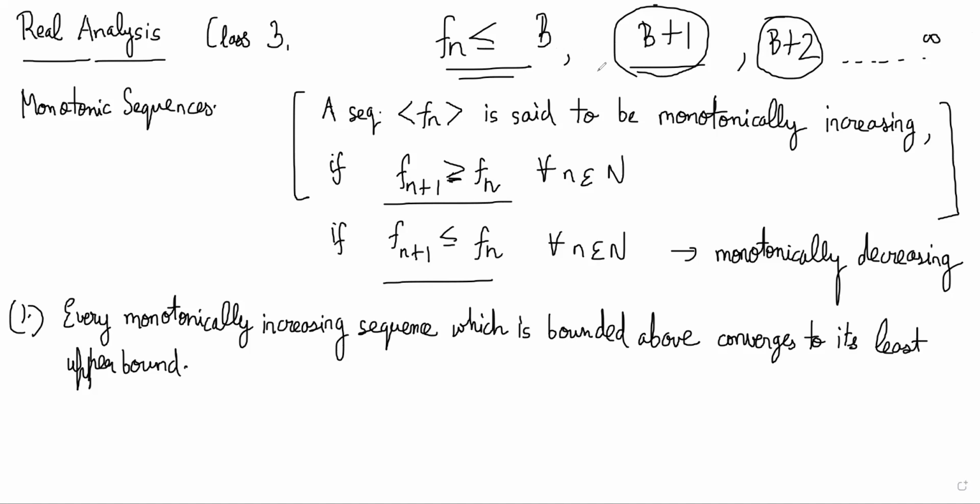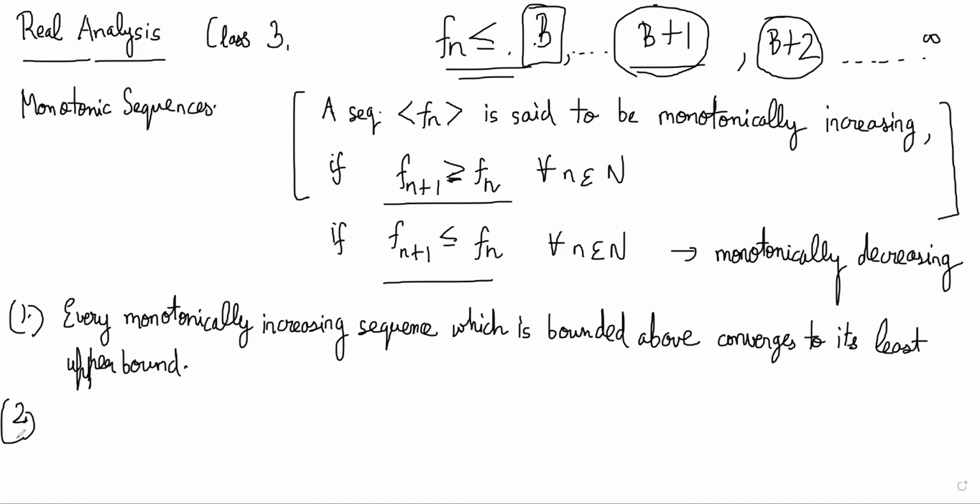So a monotonically increasing sequence which is bounded from above will converge to the least upper bound. b is the least upper bound here, because there is no number less than b for which we can say that every term of the sequence will be less than it.